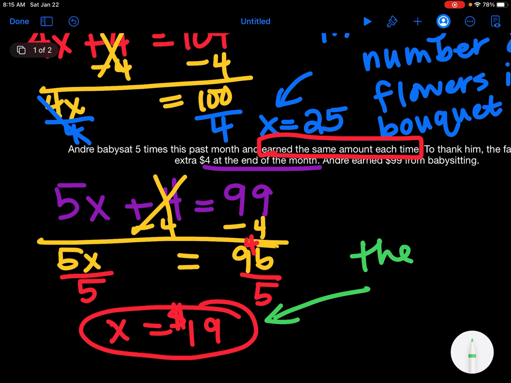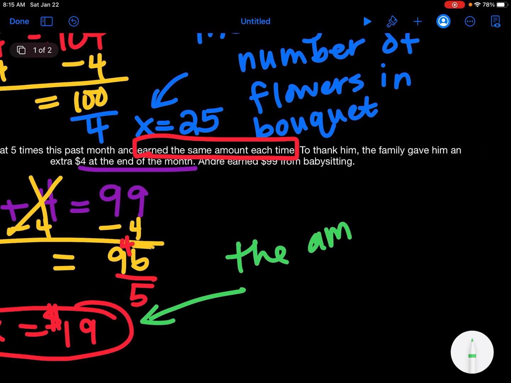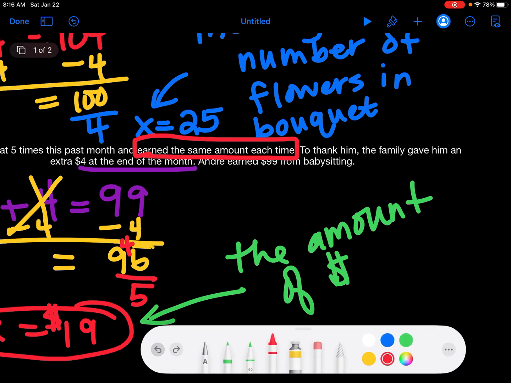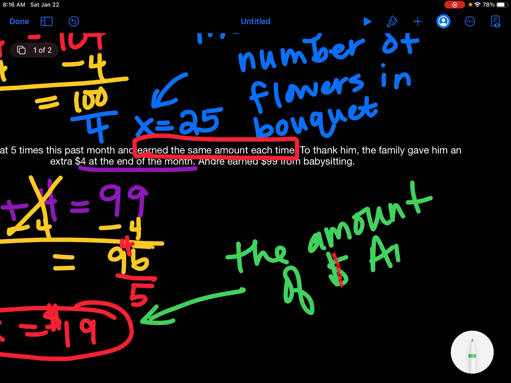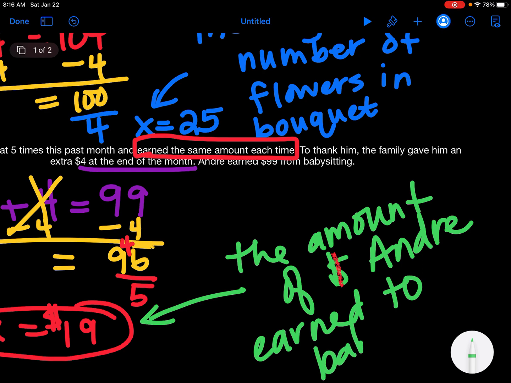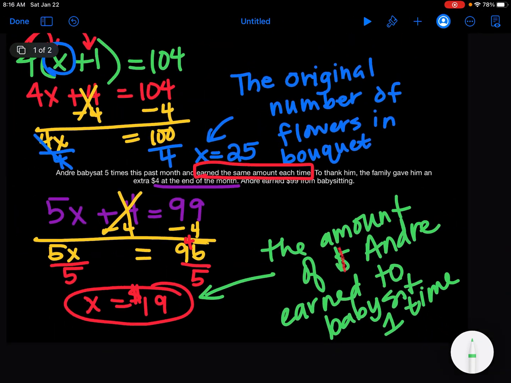The amount of money Andre earned to babysit 1 time. And that matters because at the beginning of the problem, they're talking about 5 times plus the bonus. So this is talking about the 1 time. Okay, so I earned 1 time.